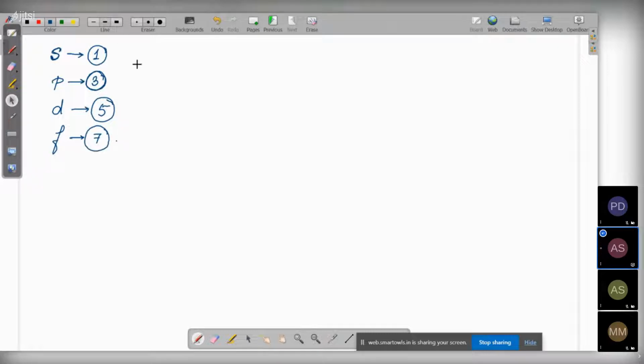How many electrons can an orbital hold? An orbital can hold a maximum of two electrons.